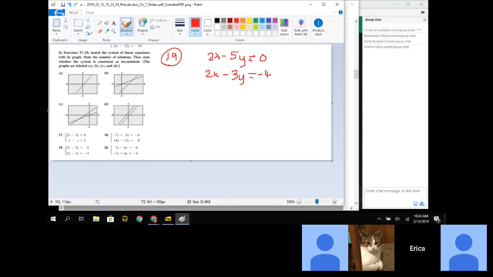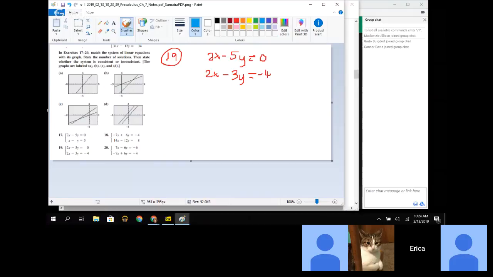Okay, so when you see this, you're excited because you don't have to do anything to do elimination because you have a 2x and a 2x. So as long as you subtract them, they cancel each other out.